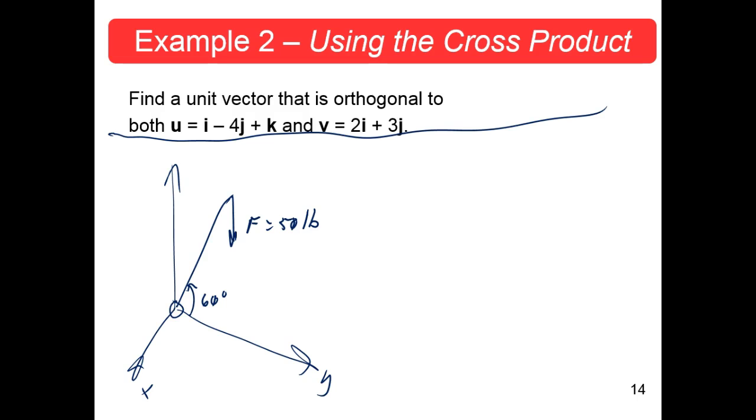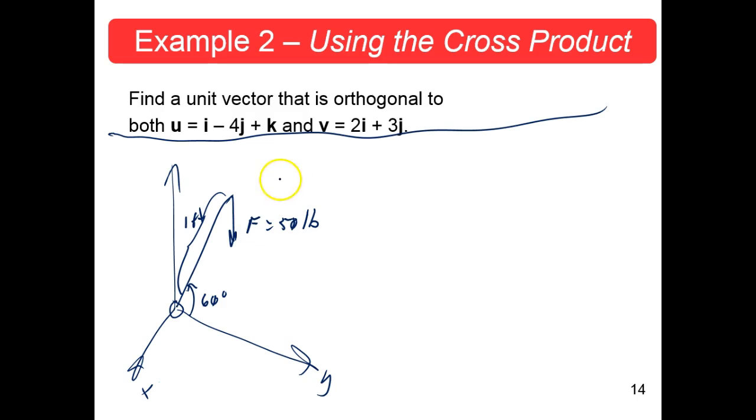The end of a 1-foot lever, so this length here is 1 foot. It says find the moment of this force about the point P when theta is equal to 60 degrees.